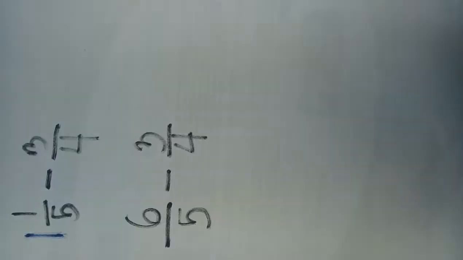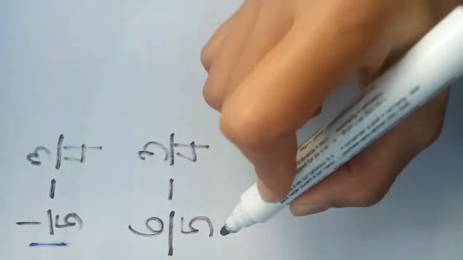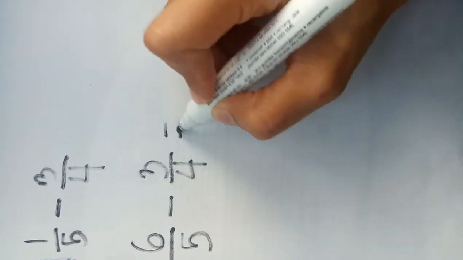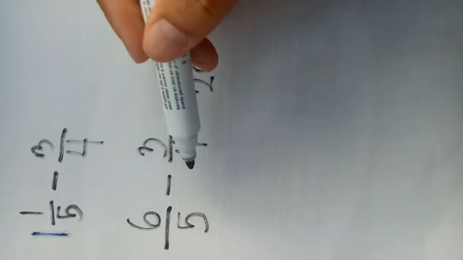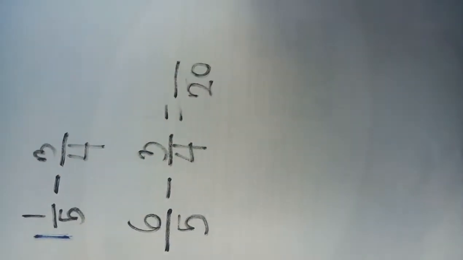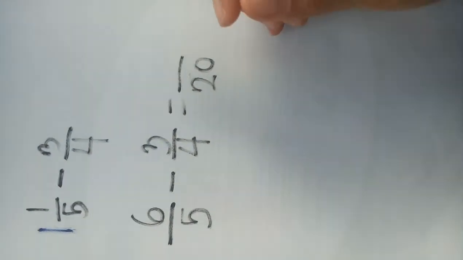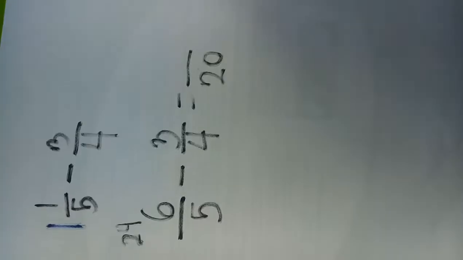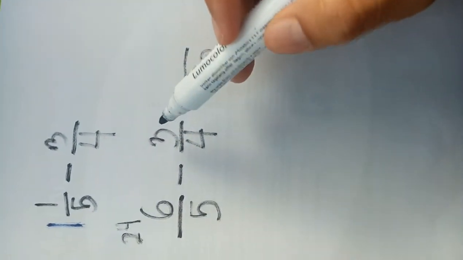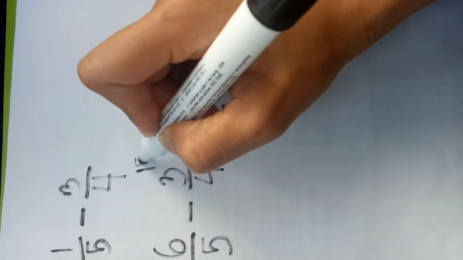You just multiply your denominators, so 5 times 4 equals 20, and then crisscross. 4 times 6 equals 24. I'm going to write 24 here. And 5 times 3 equals 15.